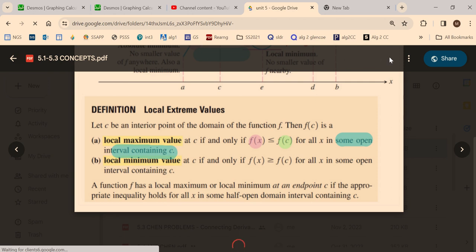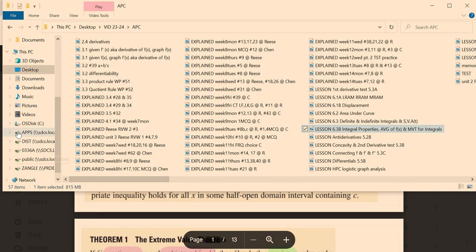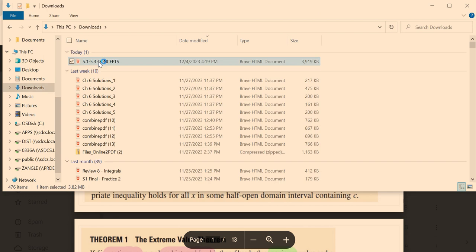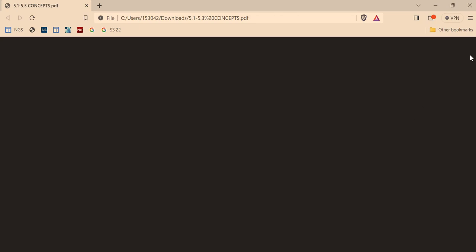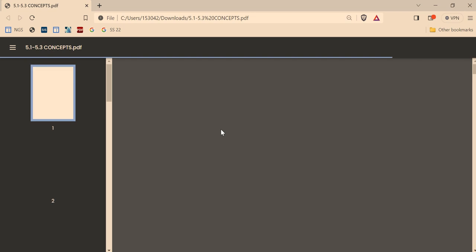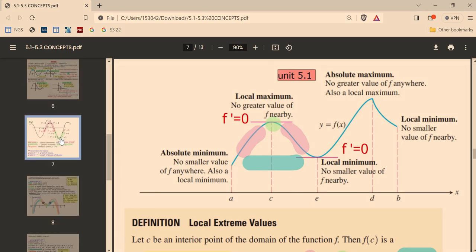Let's download this so it doesn't need to load. Let's scroll down to here.